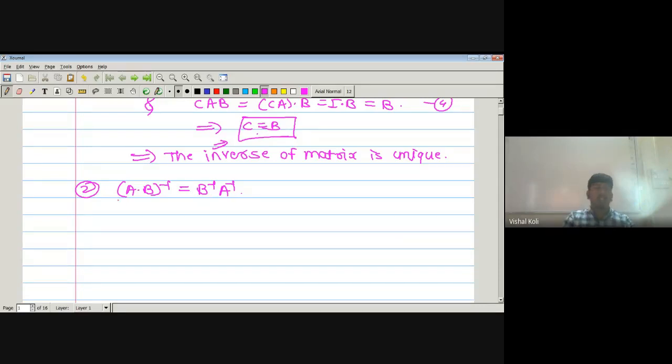Now let capital A and B be two non-singular matrices, meaning they are invertible matrices. Since there exists an inverse, they must be non-singular matrices only, since if a matrix is singular, then it is not invertible. Now, as A and B are two non-singular matrices, the inverses of these two matrices should exist.